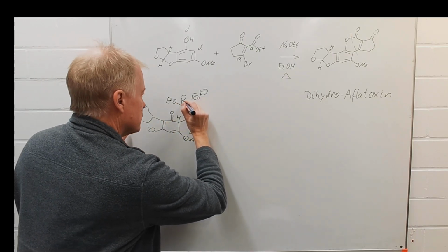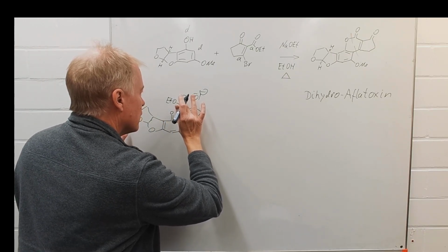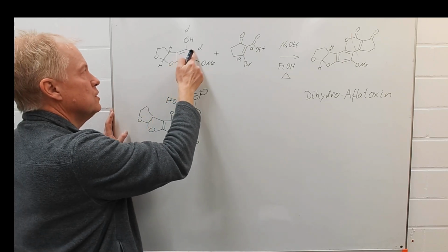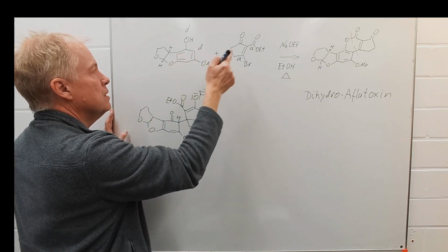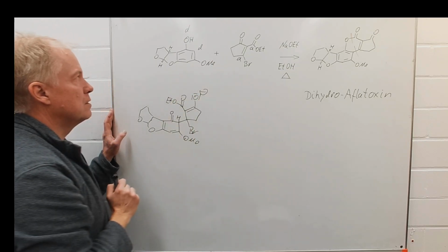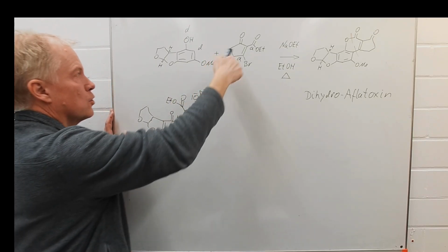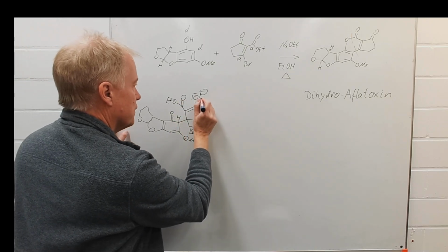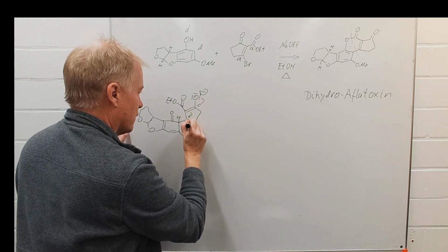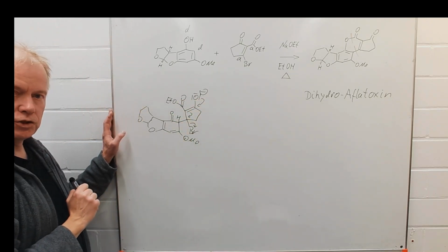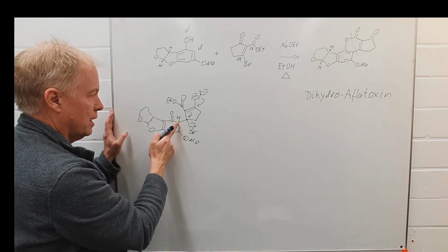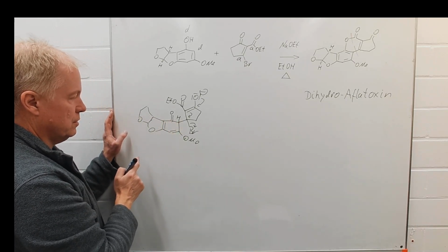So this is the reactive intermediate after the C-C bond formation between here and there by a conjugate addition process. Addition, then elimination, and also a tautomerization.